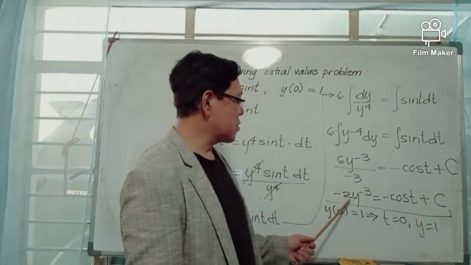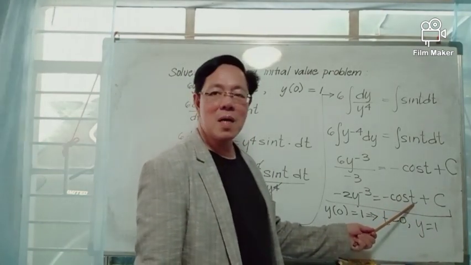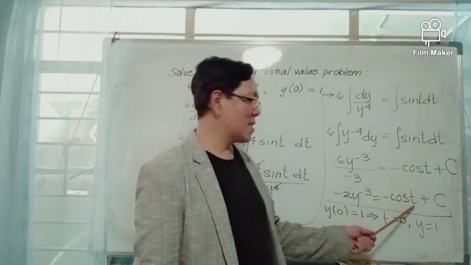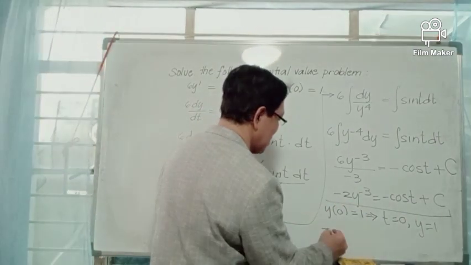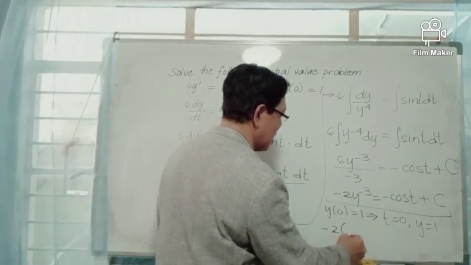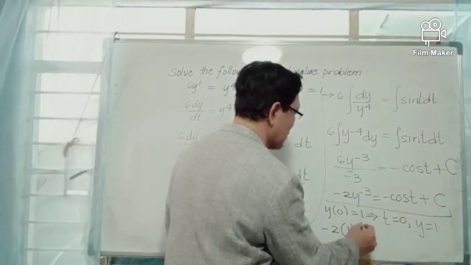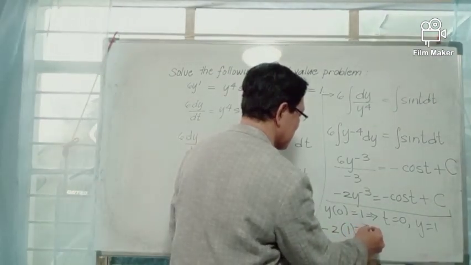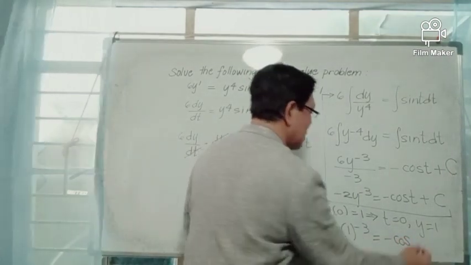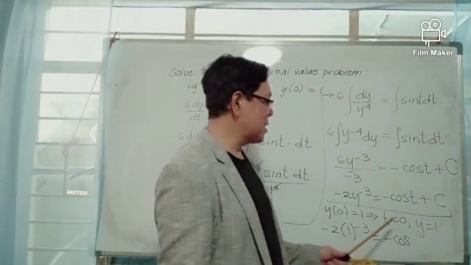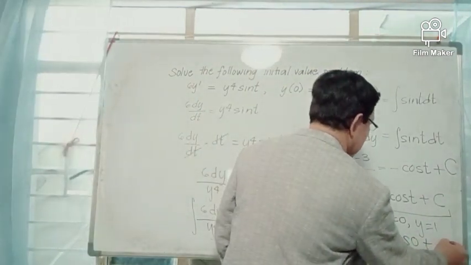And in the general solution, we replace y with 1, and we replace the independent variable t with 0. And we get negative 2 multiplied by 1 to the power negative 3 equals negative cosine of t, our t is 0, plus c.